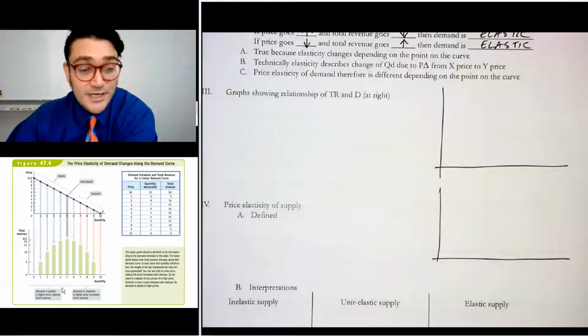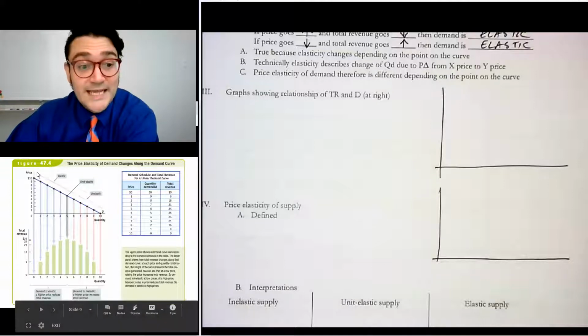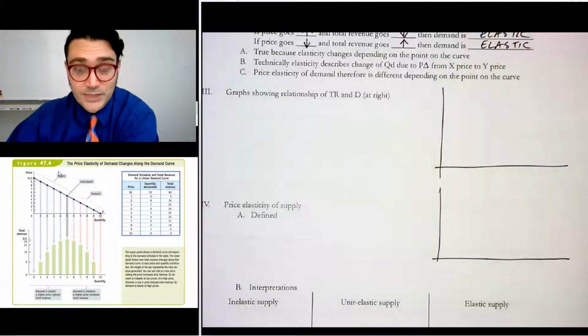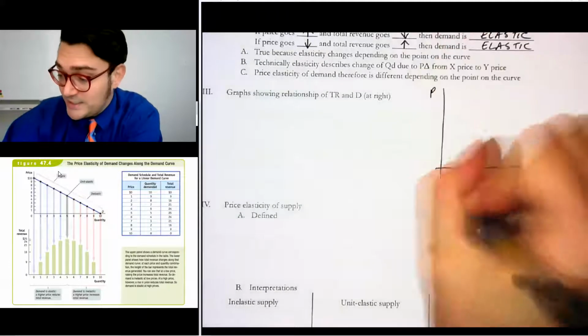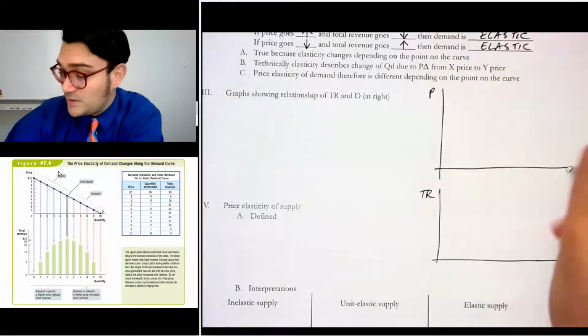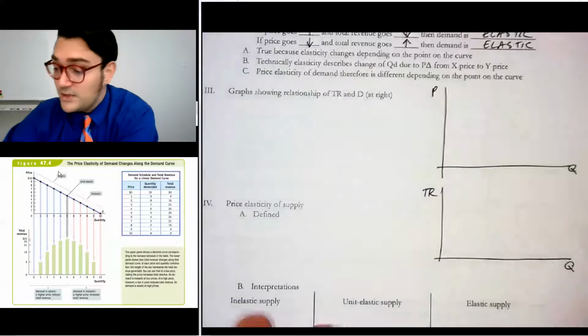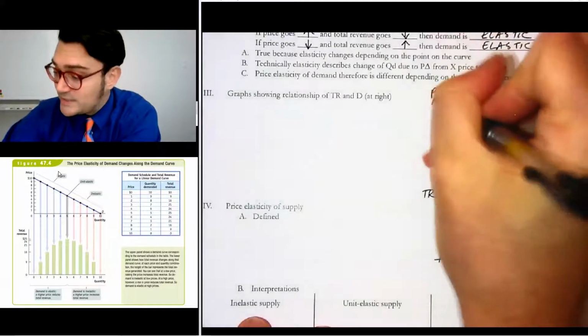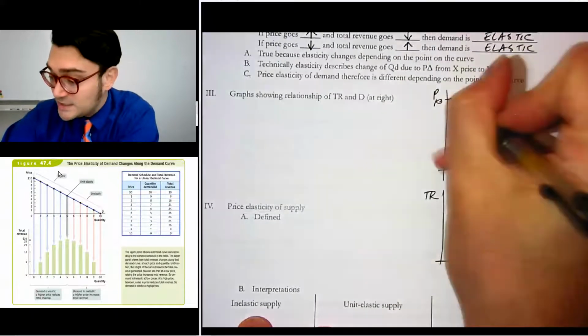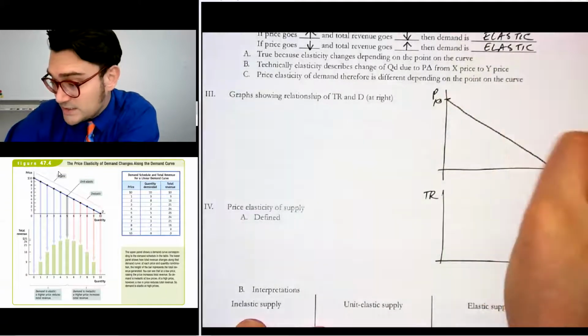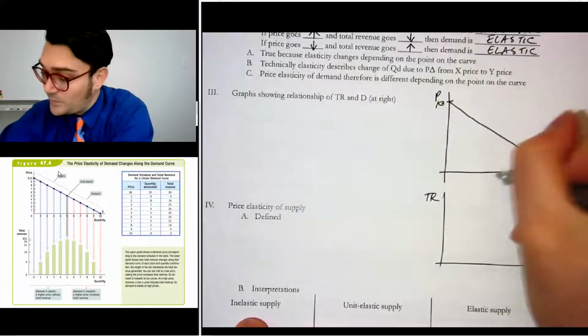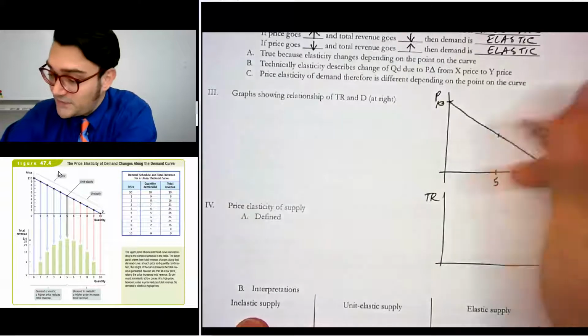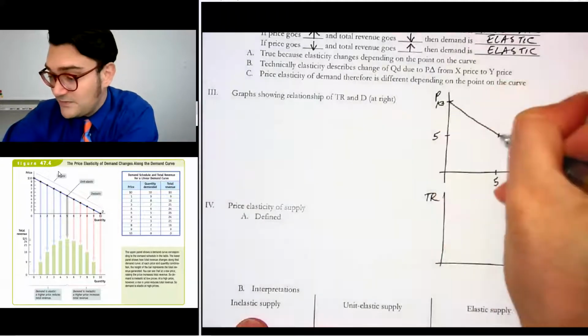Now this picture is really scary, but it's really helpful for us to understand what's going on. So this is going to be the price, total revenue, quantity, and quantity. Now, we're going to say maximum price is 10, maximum quantity is 10, and this is a demand curve, right? And the midpoint is 5, and that's also at 5.